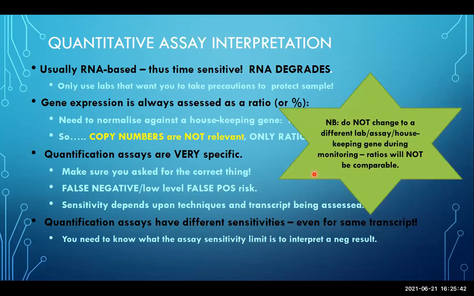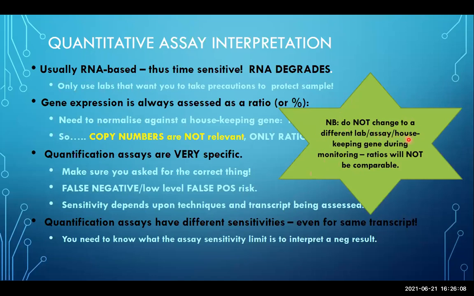I think one of the key things here is definitely, please don't do this. Do not change to a different lab or monitoring using a different assay while you're monitoring for minimal residual disease, or from diagnosis to minimal residual disease. These kits or different labs could be using different assays.